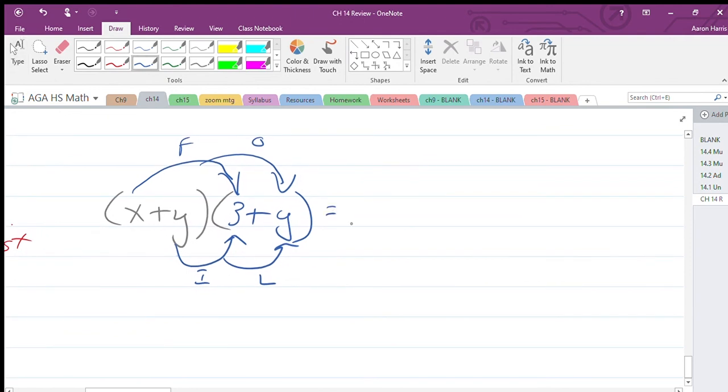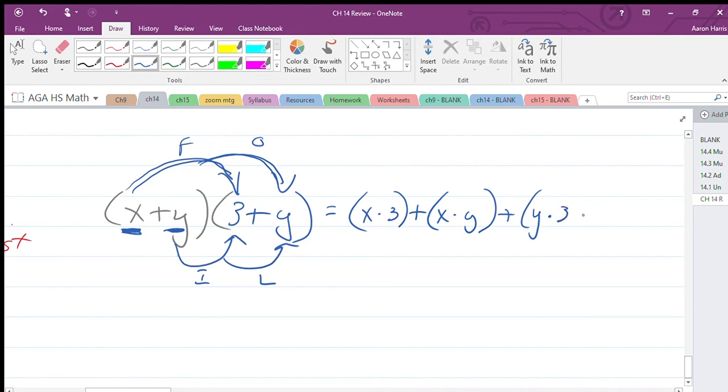So I get x times 3 plus x times y. Notice I'm taking the first term and multiplying it into each term in the second binomial. Then I take the second term and I do the same thing. Y times 3 plus y times y. And that's how you get 4 different equations, okay?